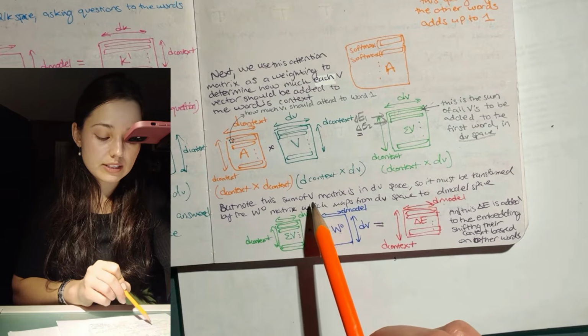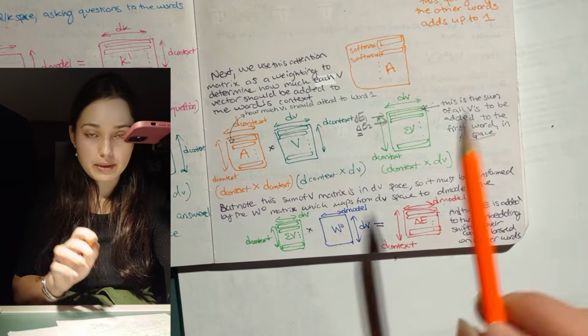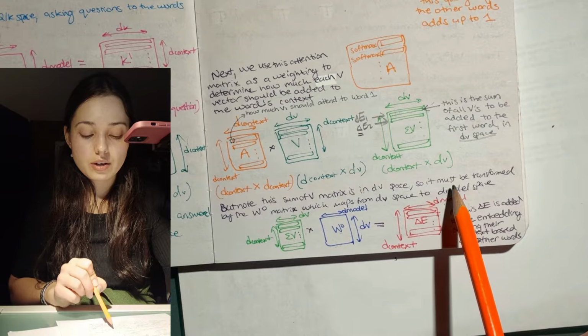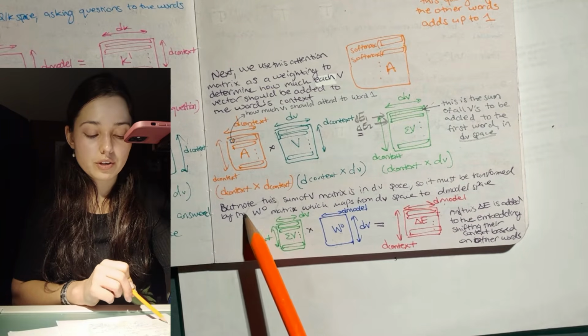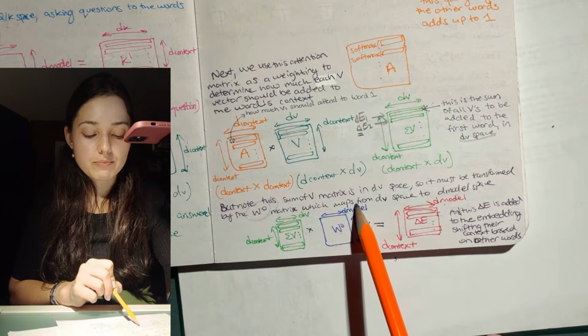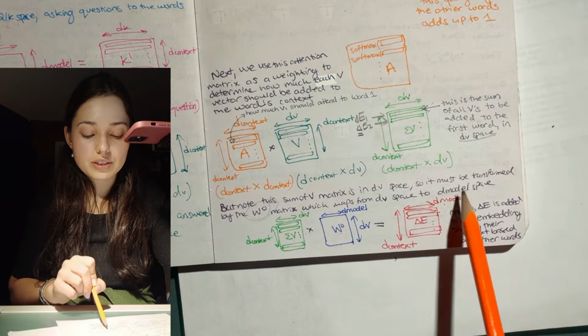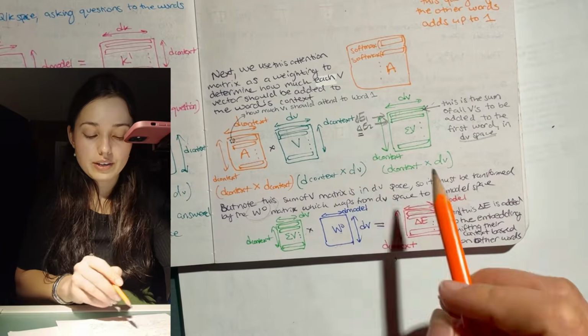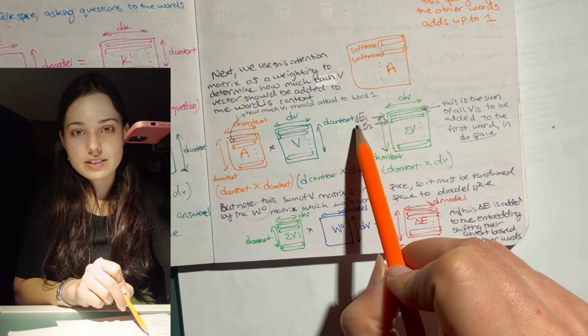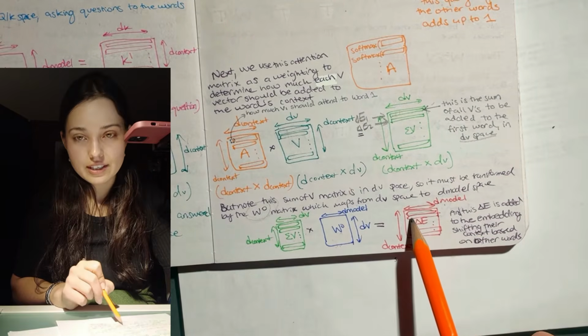But note that the sum of the V matrix is in DV space, which I just said. So it must be transformed by the matrix W naught, or W0, which maps it from DV space to D model space. So now we actually have, I know I wrote it here as the delta embedding, but actually it's here, the delta embedding.